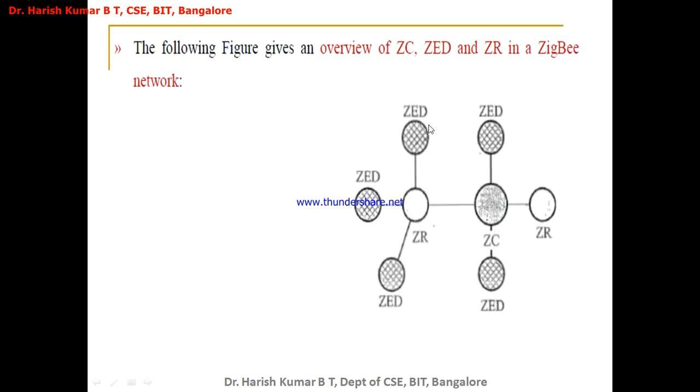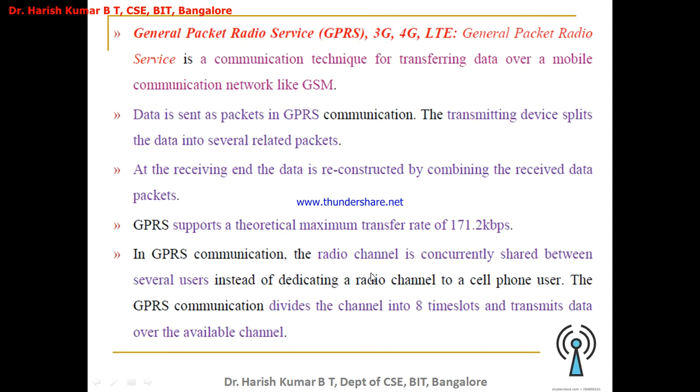Here the ZigBee coordinator is coordinating two ZigBee routers, and this ZigBee router is sending data to three ZigBee end devices.